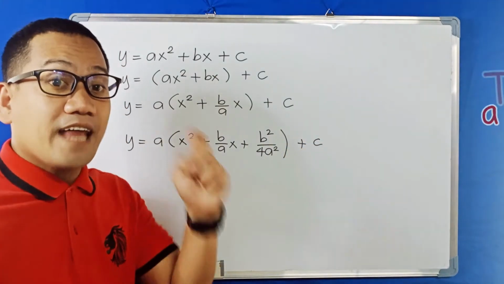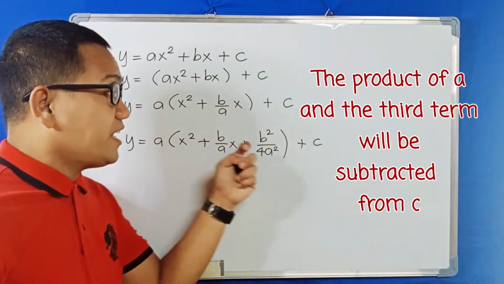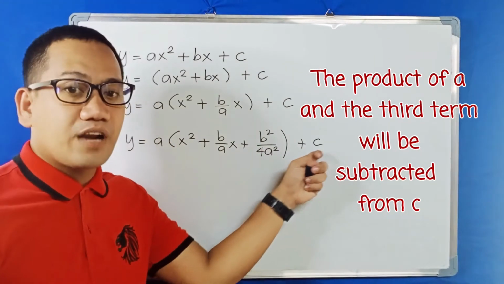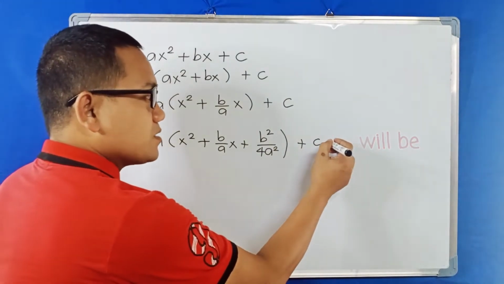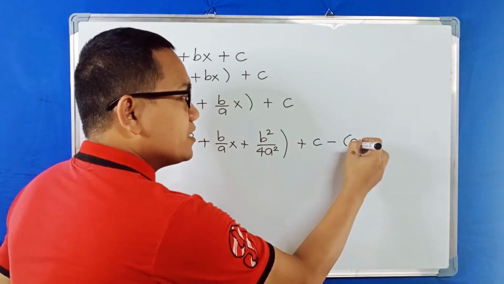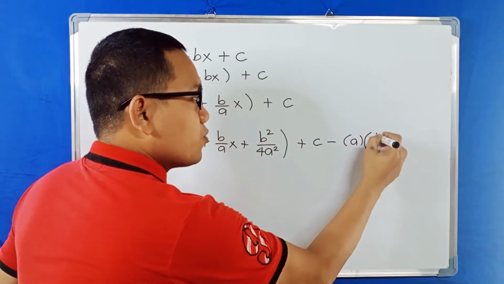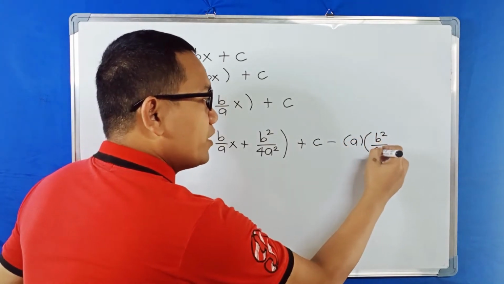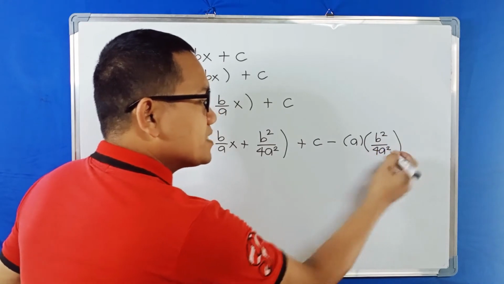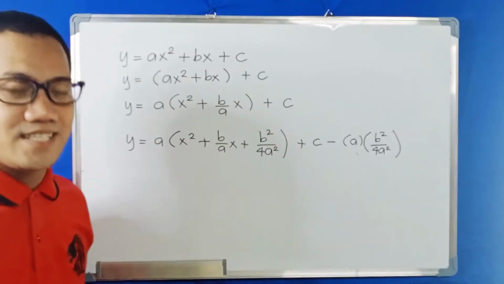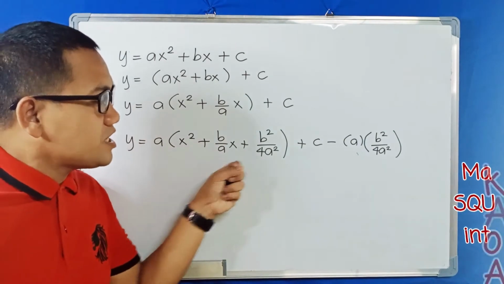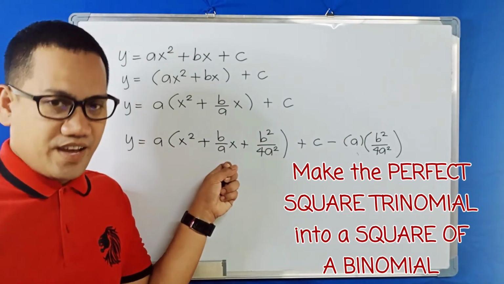And remember that the product of our a and the third term will be subtracted from our constant. This means the product of our a and the third term, which is b squared over 4a squared, will be subtracted from our constant. Then we will make this expression a square of a binomial.